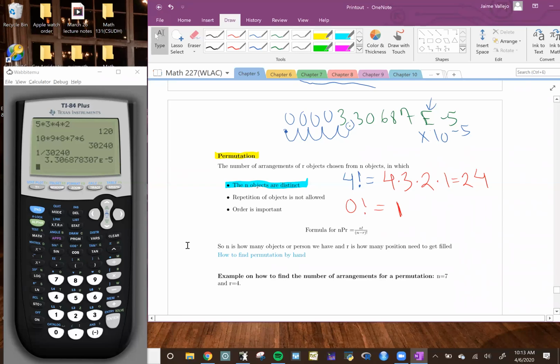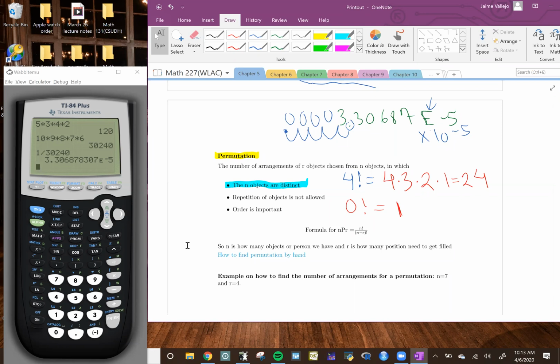Right. So when it says n objects are distinct, it just means from what I'm selecting, each one of them has to be a different number or a different object or a different person. It is saying there can't be an object that is identical to another object there. All of the objects have to be completely different from one another.